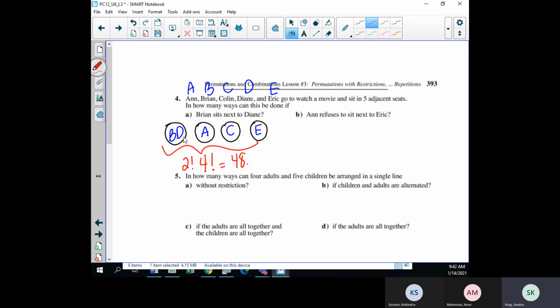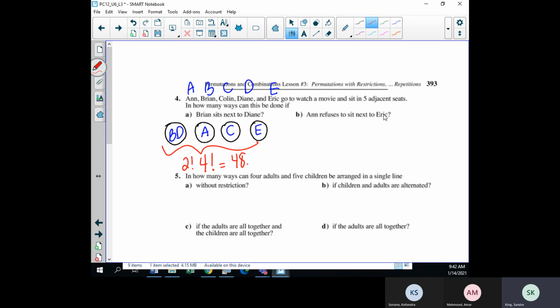Okay, here is where we're going to use the complement. Anne refuses to sit next to Eric. If 2 people can't be together, like they have to be separate, that's where you're always going to use the complement. What's the complement of Anne and Eric refusing to sit next to each other?